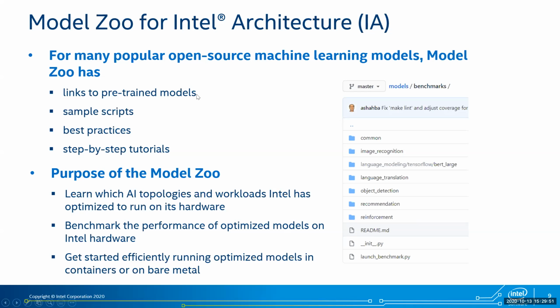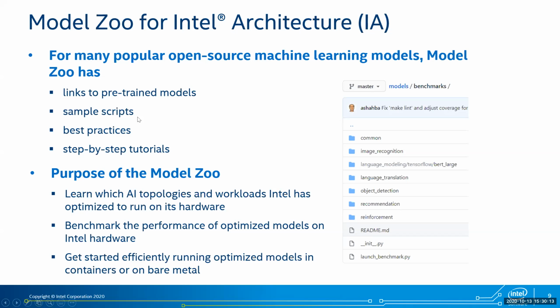There are lots of pre-trained models, and you can just run the command and see the speedup. There are also lots of sample scripts for different models like ResNet 50, BERT, and so on. We try to provide the popular models inside Model Zoo. And we also have best practices.